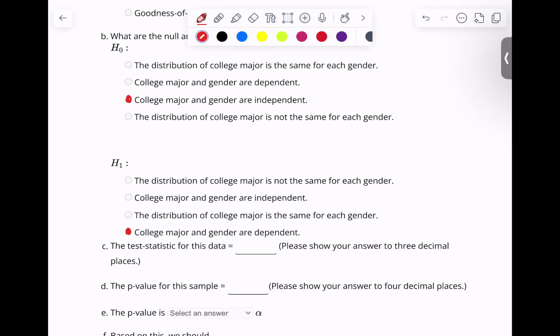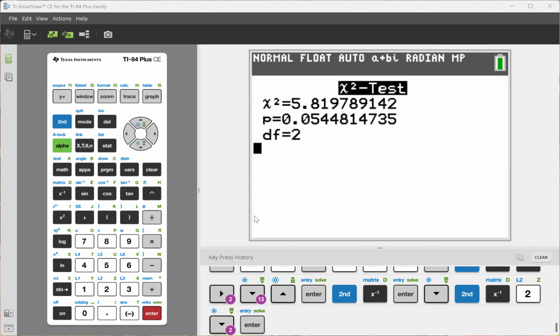Okay, so now we need to go put these two tables in our calculator, and we need to calculate the chi-squared test statistic, the p-value, and then compare the p-value to alpha. So I'm going to share my calculator. And we're going to go through the same process we went before.